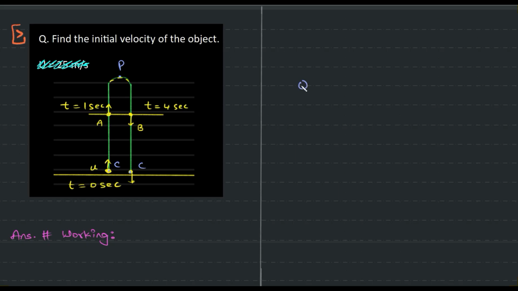So we have an object at t equal to 1 second with a certain velocity which we don't know, and it reaches the top at 2.5 seconds. Here the velocity is 0 meter per second, and here the velocity is unknown. So how did I figure out 2.5?